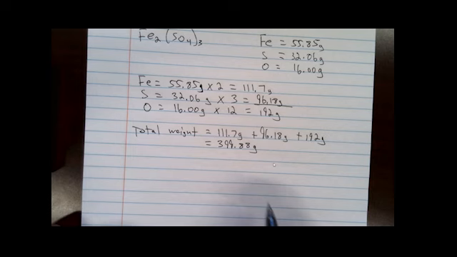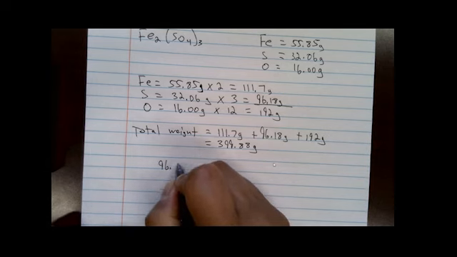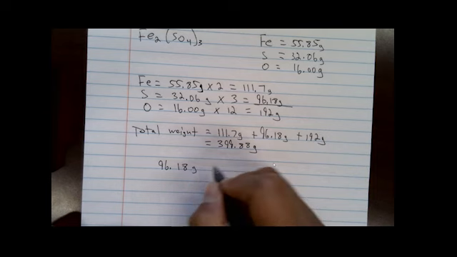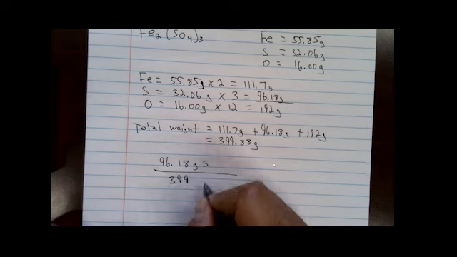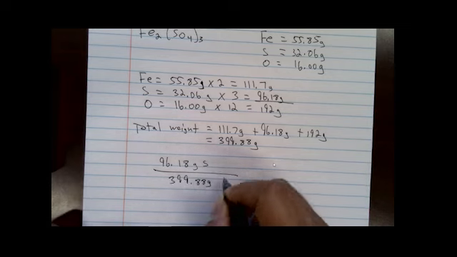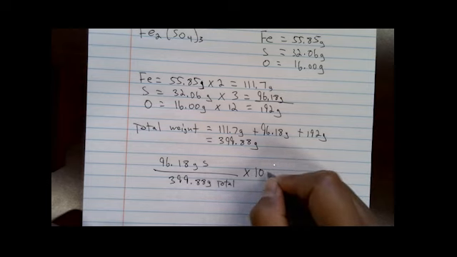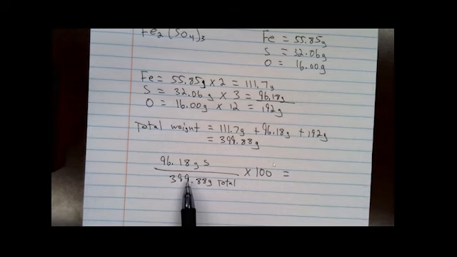So for the percentage, you have 96.18 grams of sulfur divided by the total weight, 399.88 grams. Multiply that by 100, because this division will give us a decimal representation of the percentage. Multiplied by 100 will give us the actual percentage.